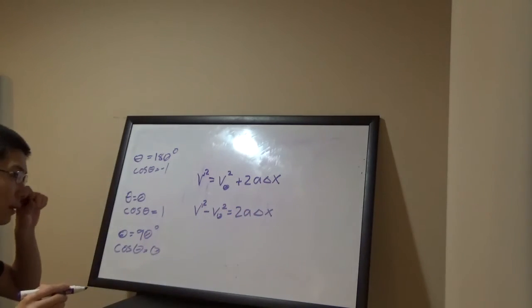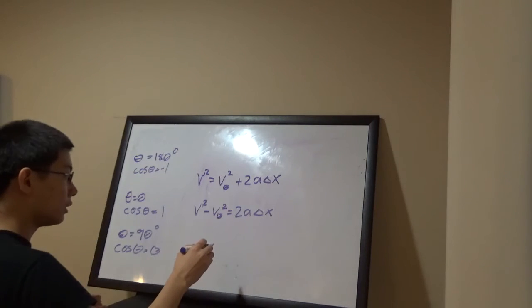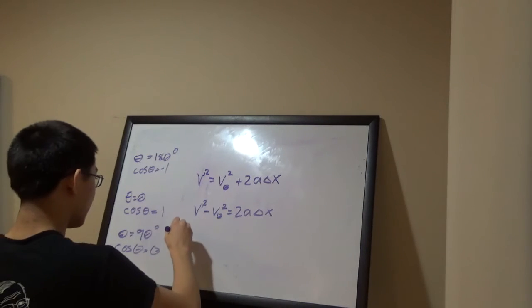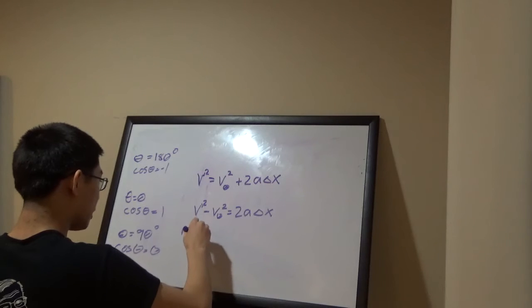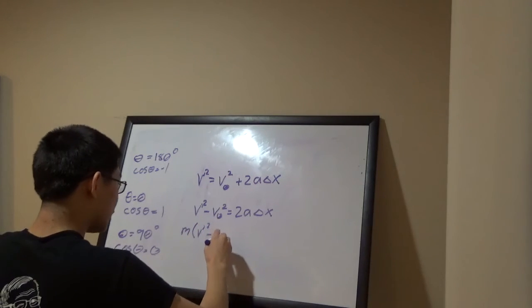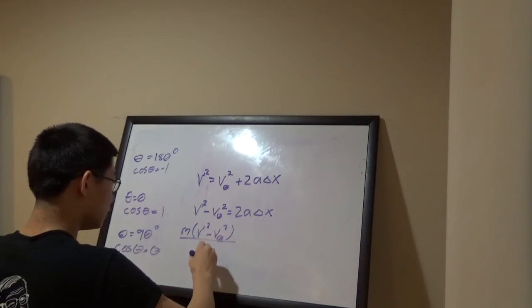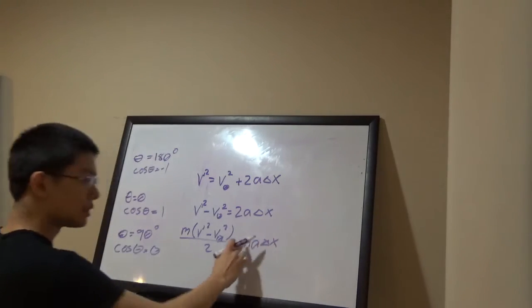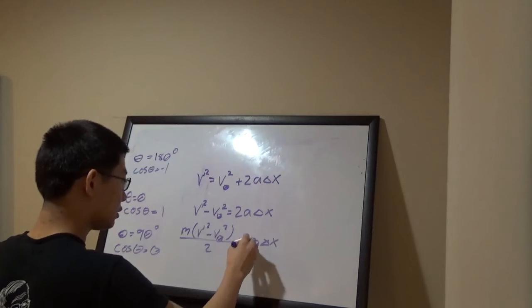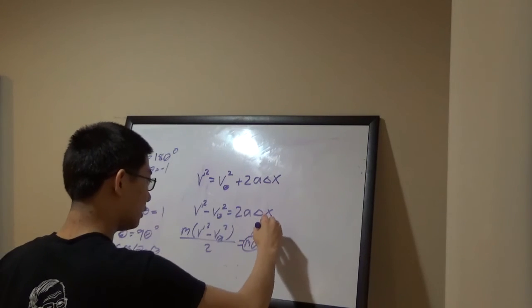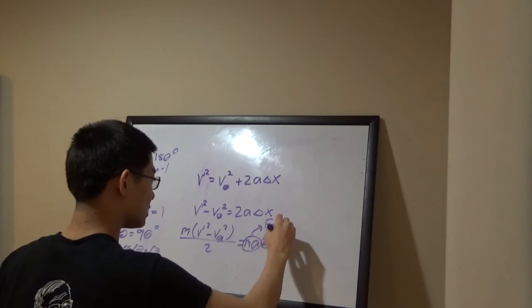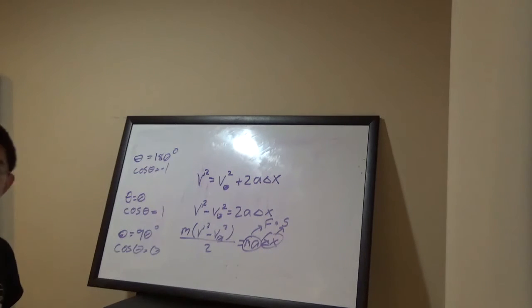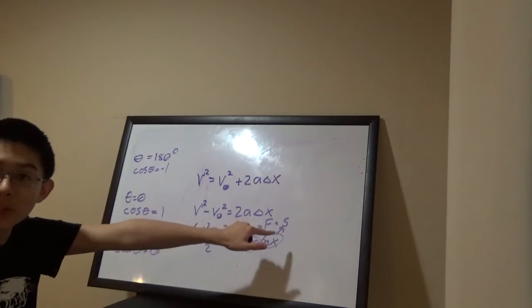Then if we divide both sides by 2 and multiply both sides by m, we get m times (v prime squared minus v naught squared) divided by 2 equals ma delta x. Does this look familiar? Well, ma is equal to force, so this is F, and delta x is our displacement, so this is S. So this is F times S, that's our work.